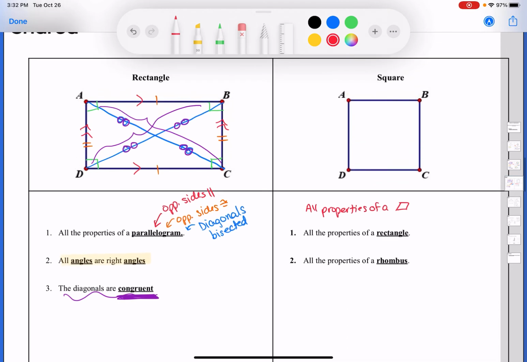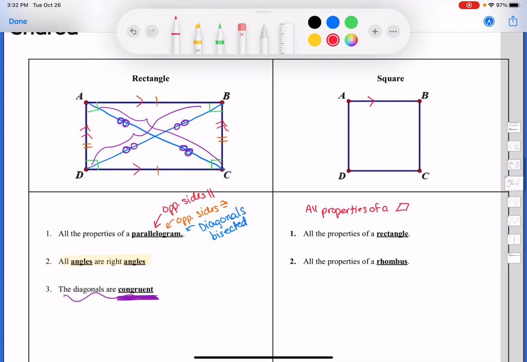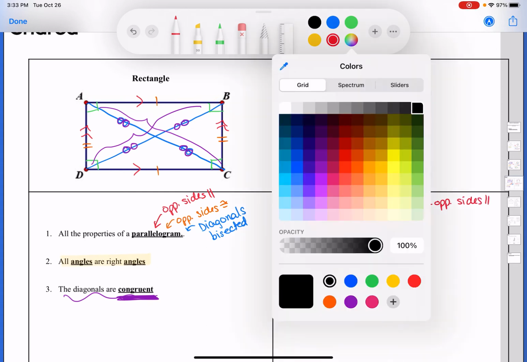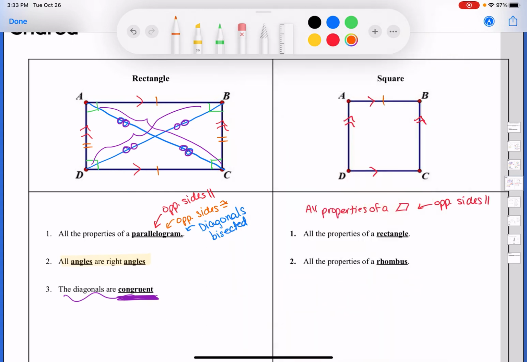So I have opposite sides parallel, opposite sides congruent, right? More than the opposite sides congruent, though. If it's a rhombus, all sides are congruent, right?